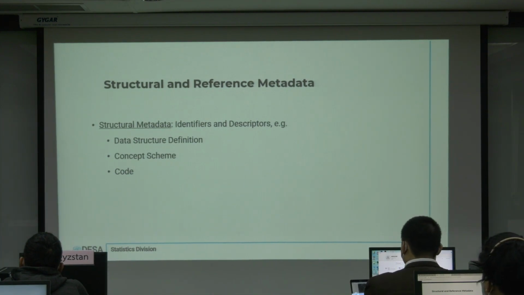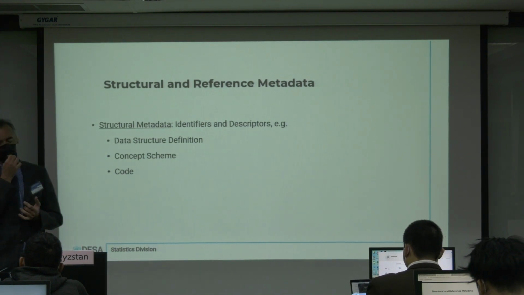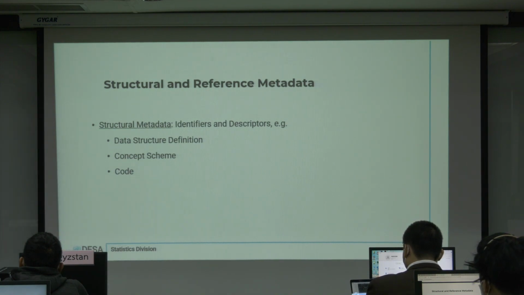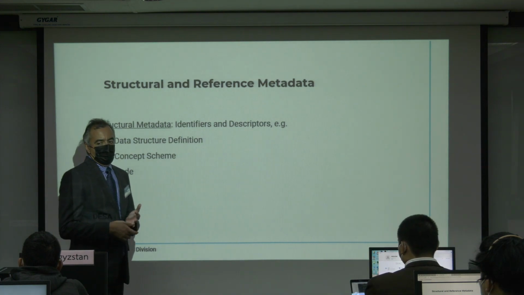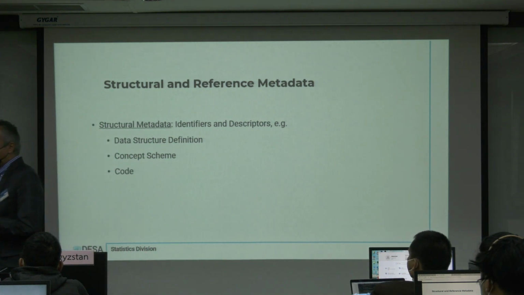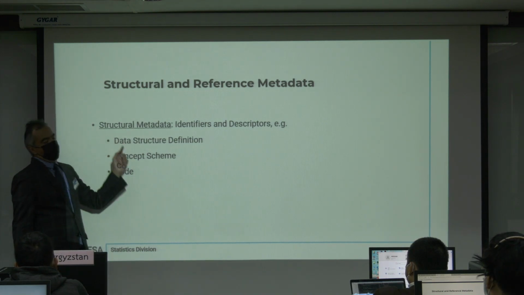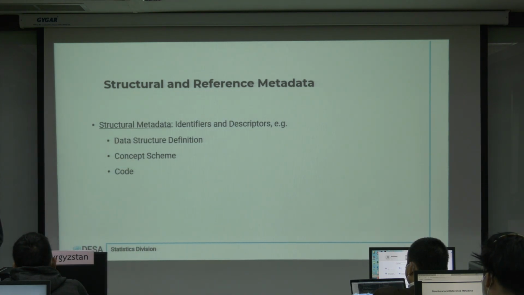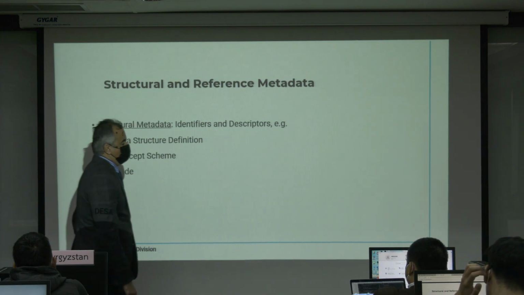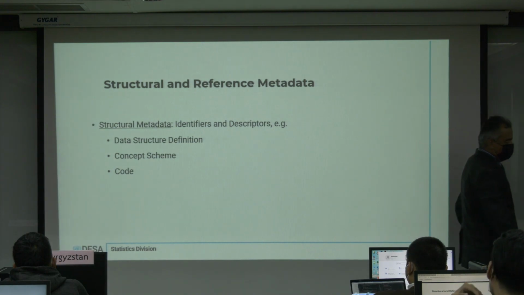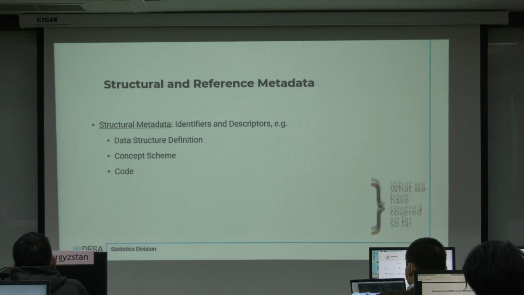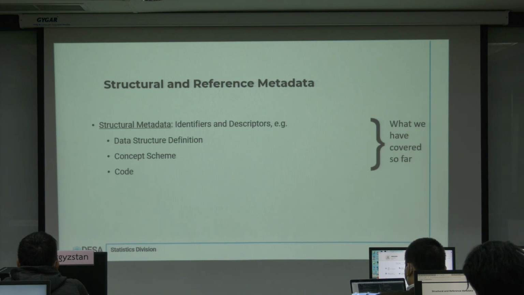A code list that says that BKK is Bangkok International Airport, JFK is John F. Kennedy International Airport of New York City, and FRU is the International Airport of Bishkek. This is structural metadata. A concept scheme is structural metadata. A DSD is structural metadata. Identifiers and descriptors. This is what you need to understand what your data represents. And this is what we have covered so far.